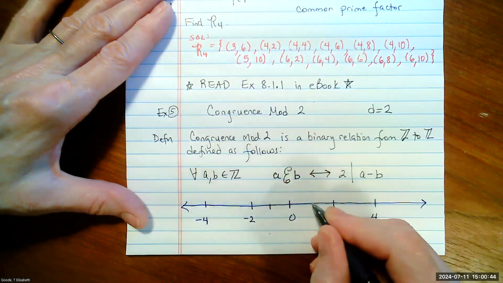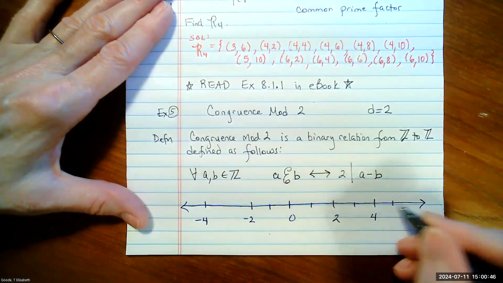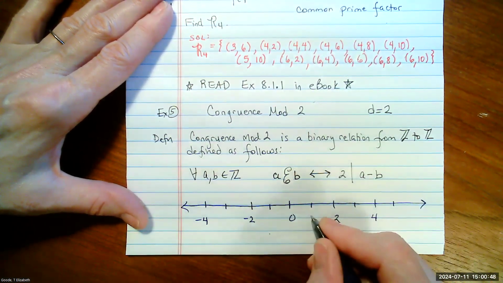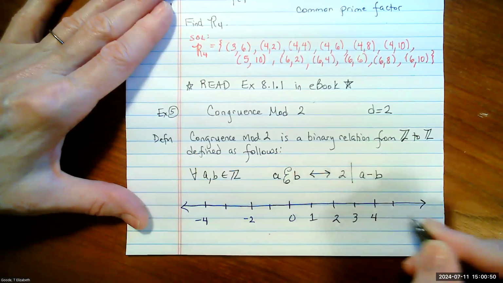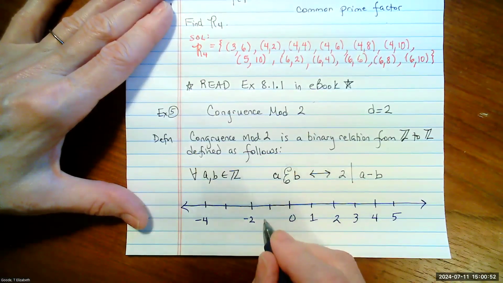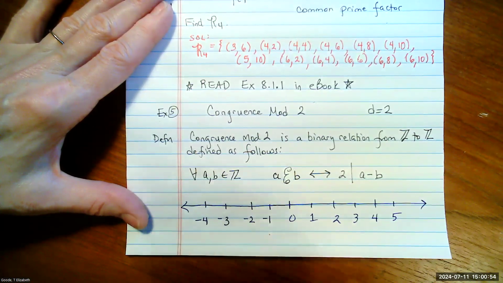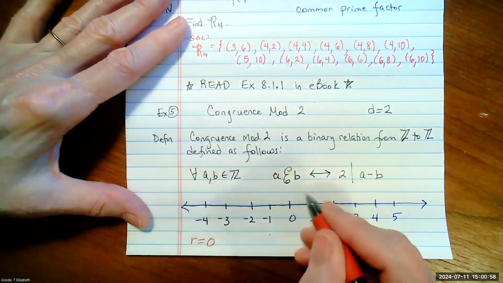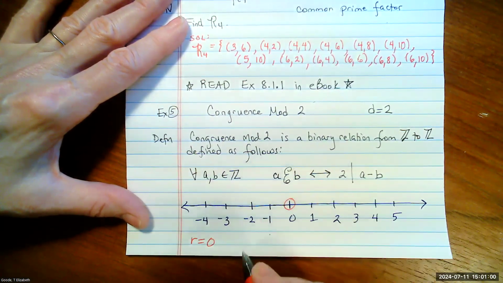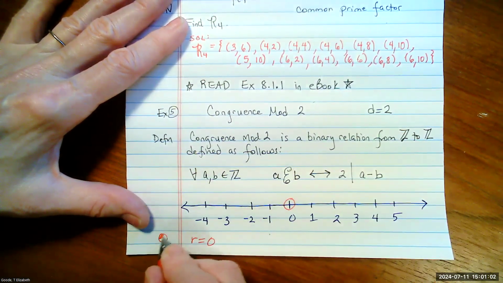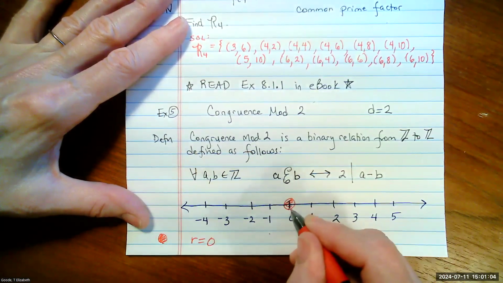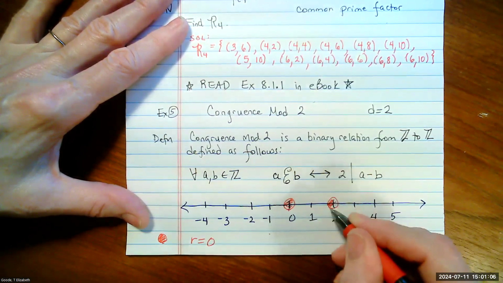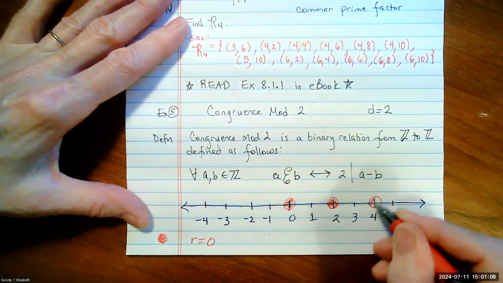So if we just remember what we did a while back with the number line, we played sort of a bees on a chain game where if the remainder was 0, we'll just put a circle to indicate the integers that would yield a remainder of 0 when divided by 2.